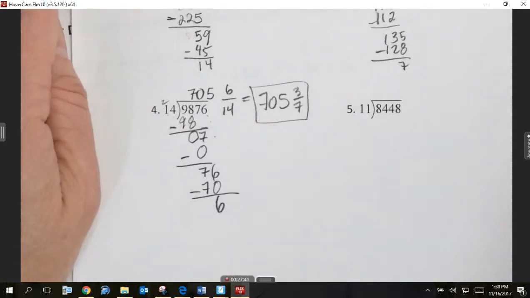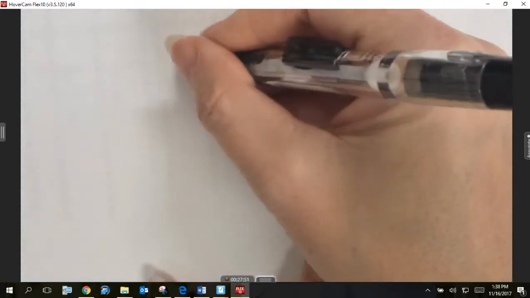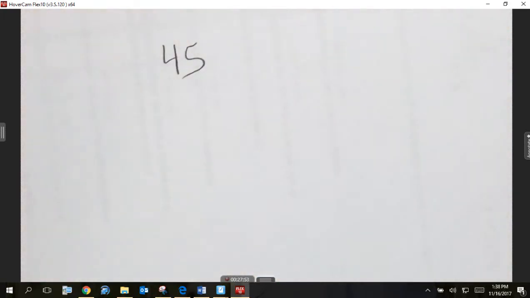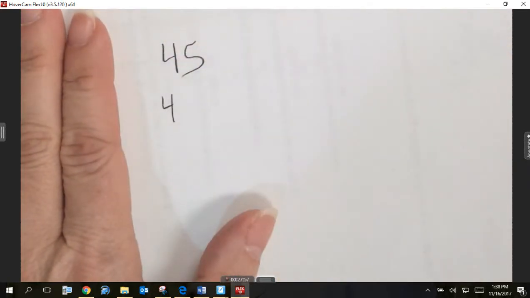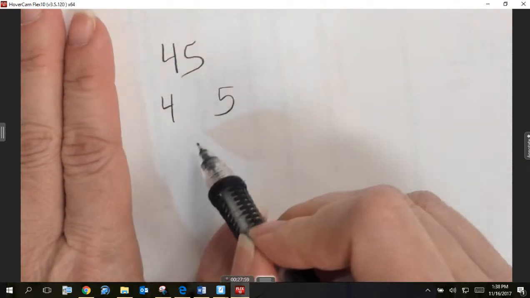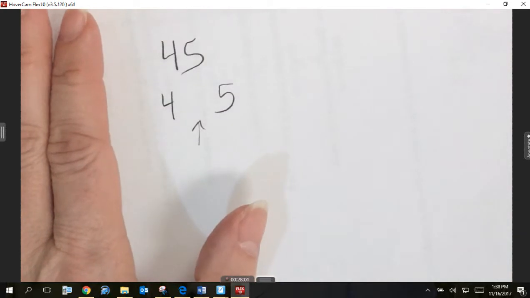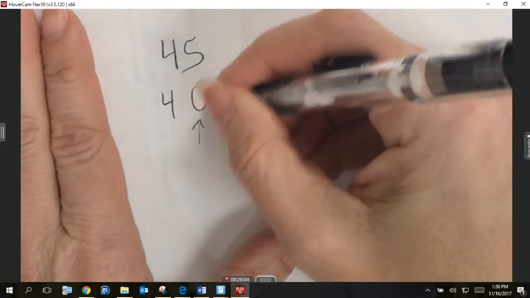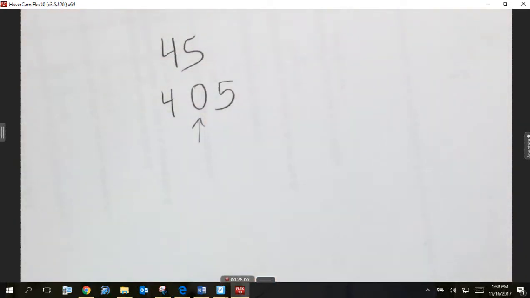If I'm adding a 400 and just a 5, I wouldn't have it like this, would I? No, because there's the 400 place and the 5 place, and there's still a tens place in the middle. So 405 has a 0 in that tens place.